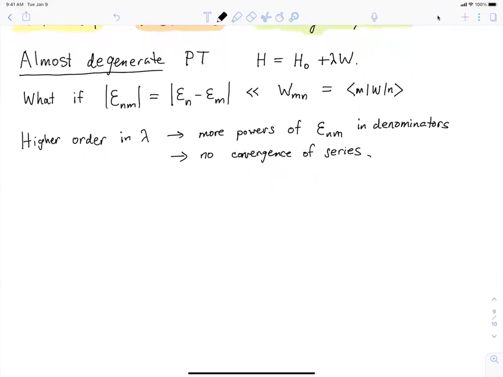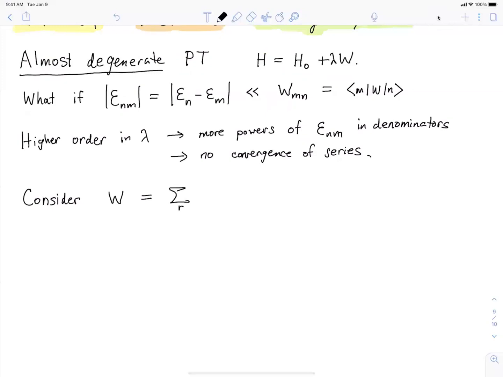And so by way of motivation for how we're going to solve it, first let's rewrite our W that we're trying to treat as a perturbation. What we're going to end up doing is not treat it as a perturbation after all, but do something cleverer. So if we write W, we can do completeness twice.